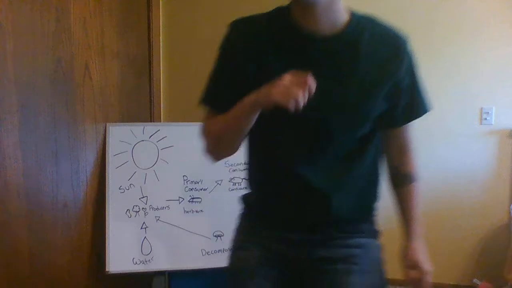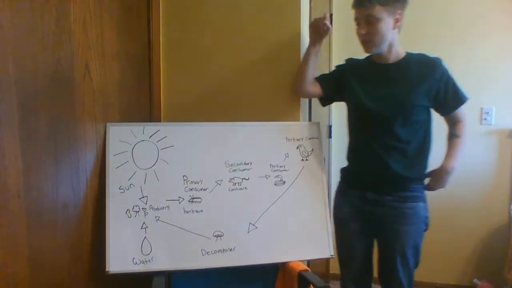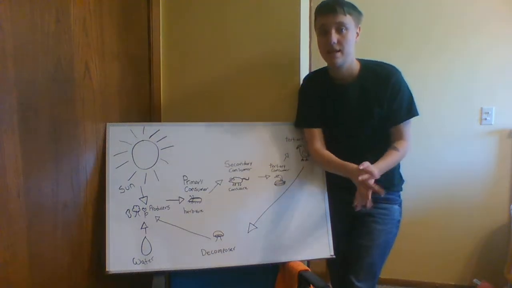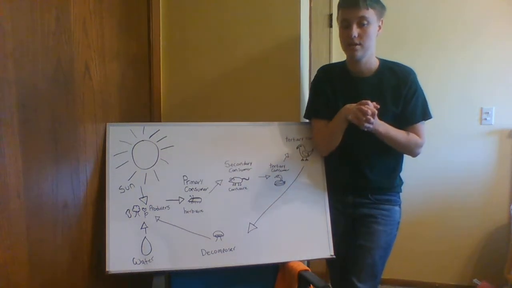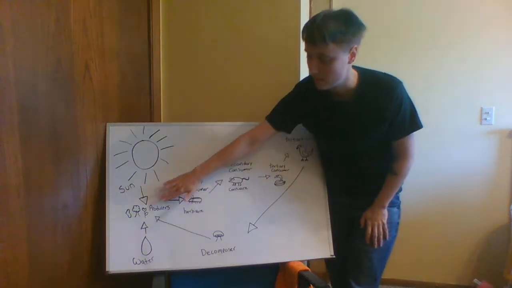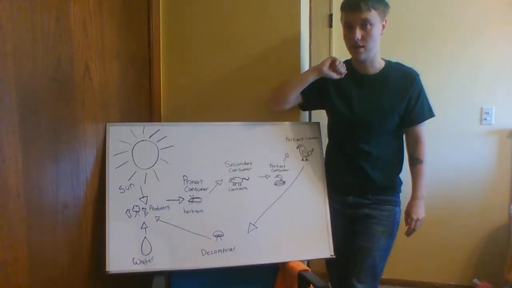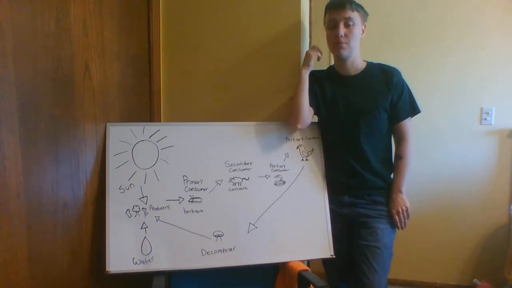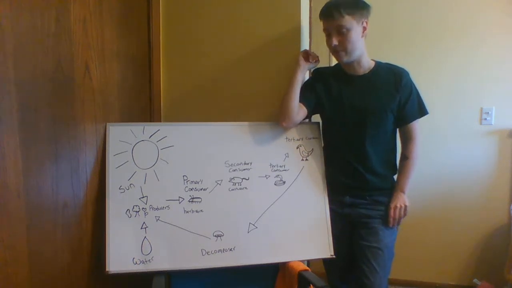So that means that over here on the map, we have the sun and water. That and carbon dioxide is what plants take in to make energy through photosynthesis. And some single-celled organisms have a similar process where they also will make energy that way.